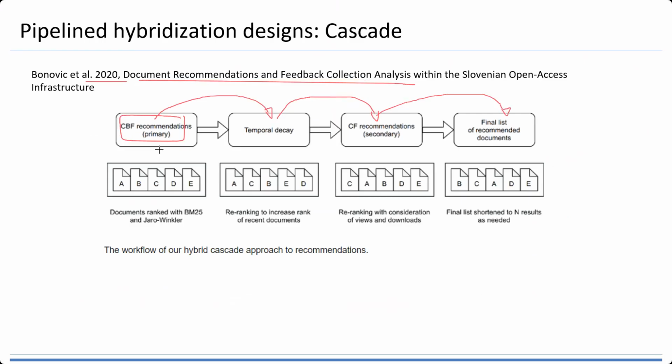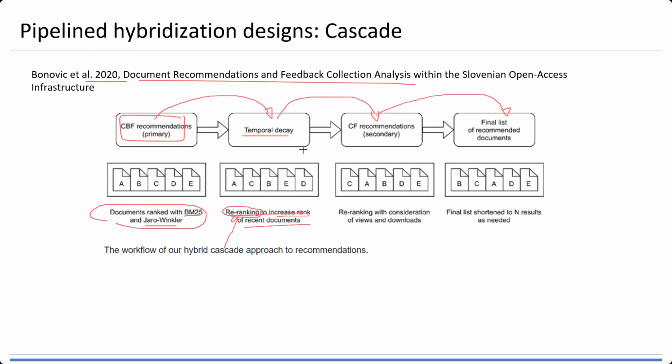So it means there are several steps. In the first step, they rank with BM25 and the Jaro-Winkler algorithm. And then in the temporal decay, they use re-ranking. If you still remember the re-ranking in the first part of our lecture, we learned about re-ranking and increasing the rank of the recent documents.